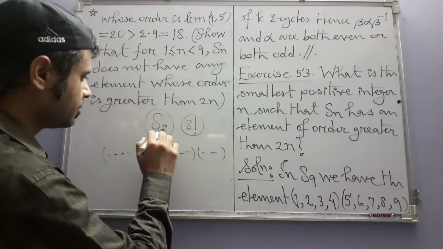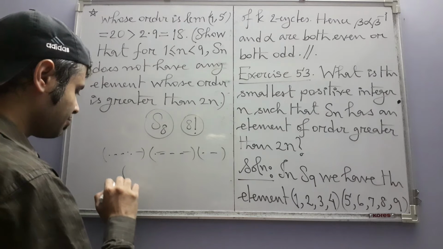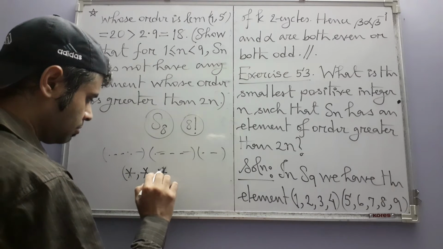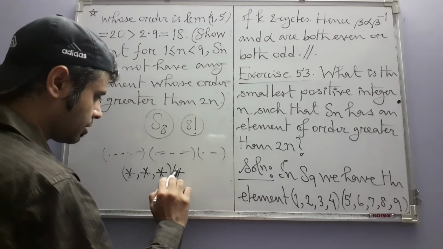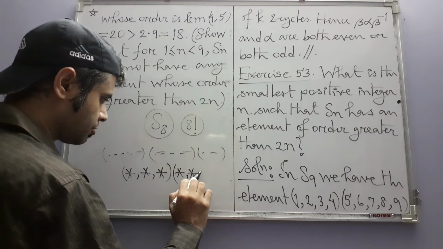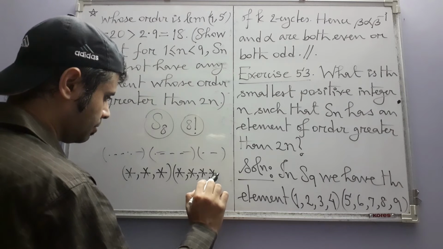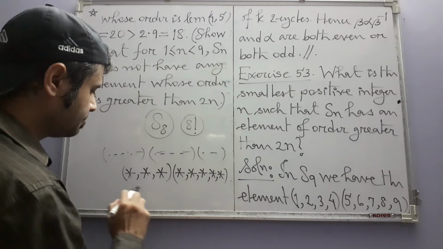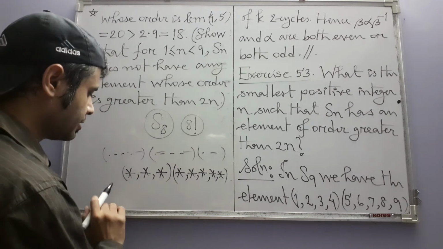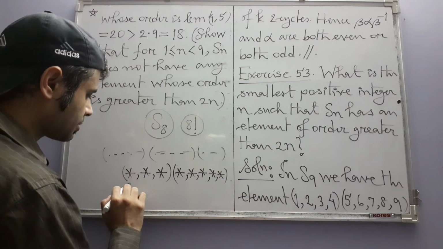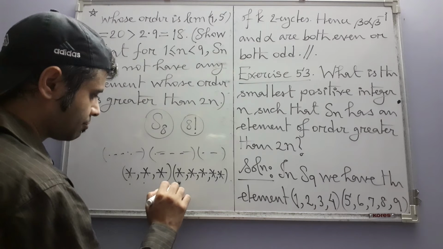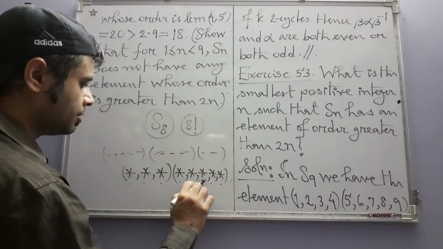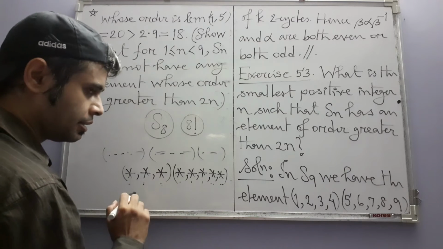For example, in S8 you will have elements that look like this, each one of which is a product of a 3 cycle and a 5 cycle. The actual symbols may be anything, disjoint, of course. So you may have, for example, 1, 2, 3 here, and then 4, 5, 6, 7, 8, or you may have 1, 2, 3, 4, 5, then 6, 7, 8 here.